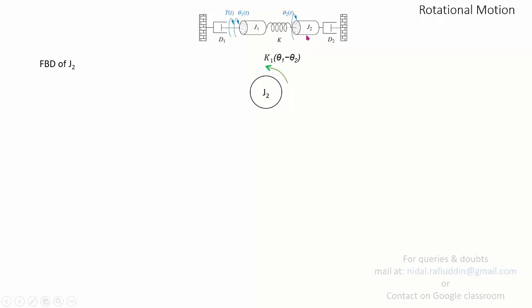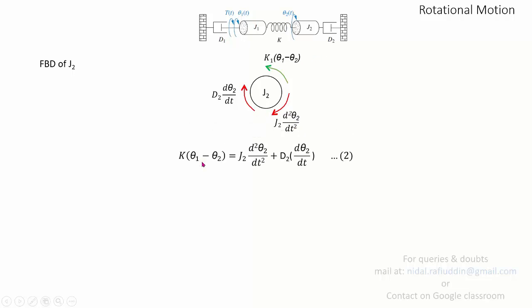Now the resisting torque on J2 will be because of the dashpot D2, which has a net angular displacement of theta 2 on one side, and hence the torque is given as D2 times omega 2, or d theta 2 by dt. The other is because of moment of inertia J2, opposite in direction, J2 times alpha 2. Now again we equate all the acting and resisting forces together to obtain the equation.